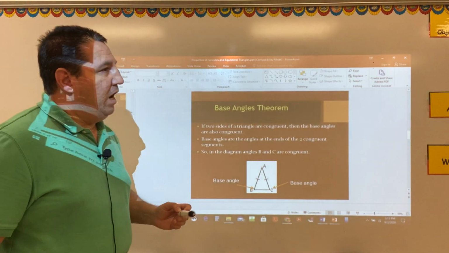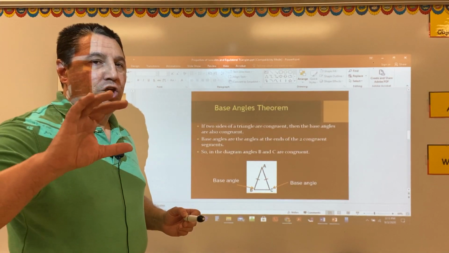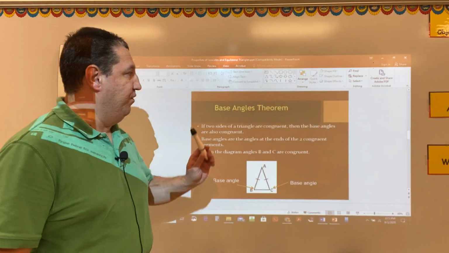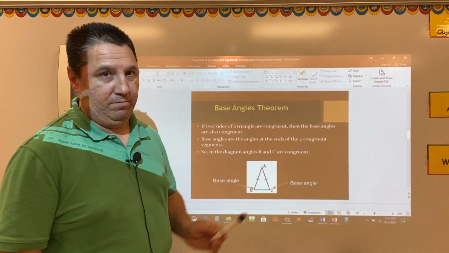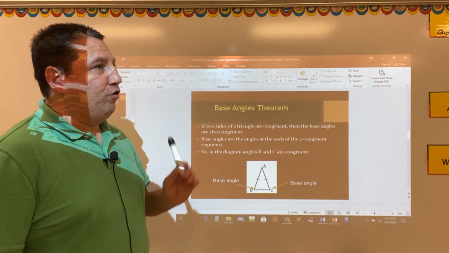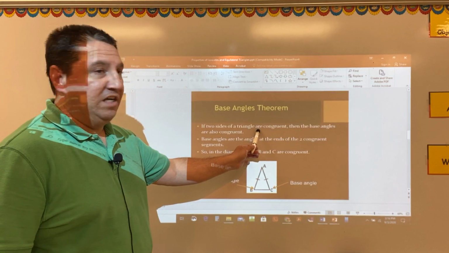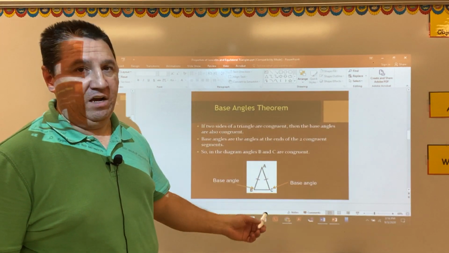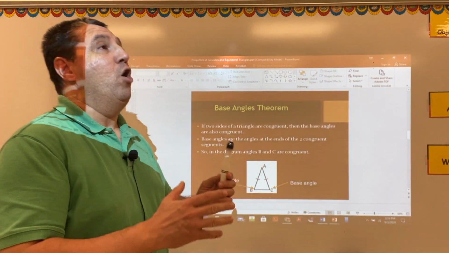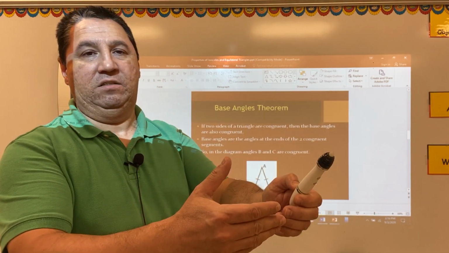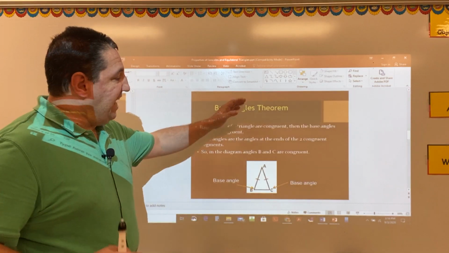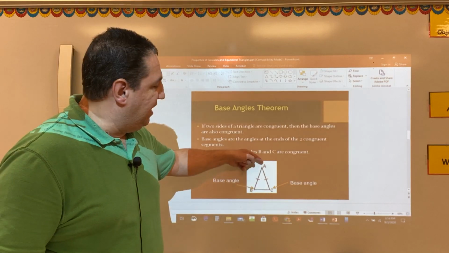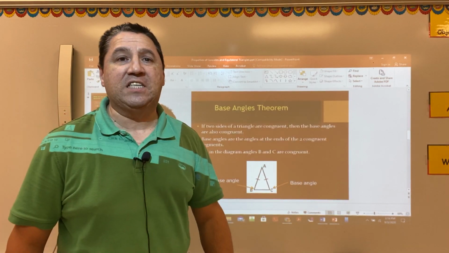Now we have two theorems related to isosceles triangles. First, base angle theorem. If two sides of a triangle are congruent, then the base angles of the triangle are also congruent. Now, what does base angles mean? Base angles are usually located at the end of the congruent segments.